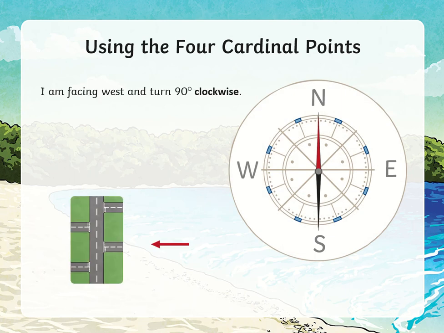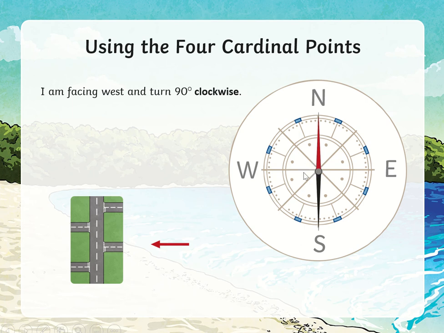Okay, so what happens if you're facing west? You're facing this way of the street, west, and then you turn 90 degrees clockwise. So remember clockwise, we're going around the clock, and 90 degrees. So remember our angles that we learnt last term.